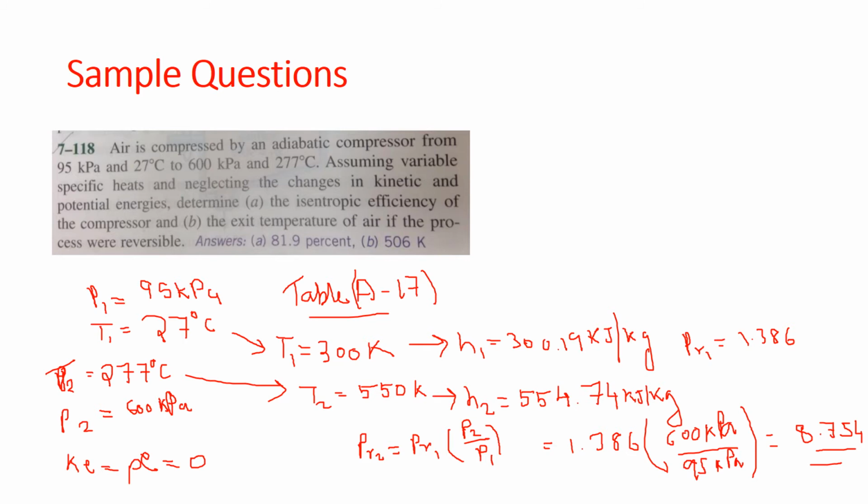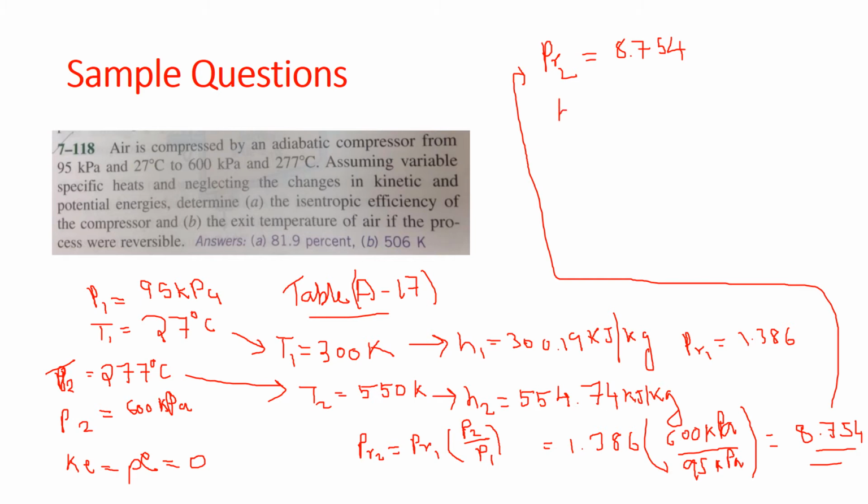Now using this Pr2, we got Pr2 equal to 8.754. With respect to Pr2, we will be able to find h2s, because the one we found earlier was h2a, the actual. We need to find the ideal, or isentropic, enthalpy.